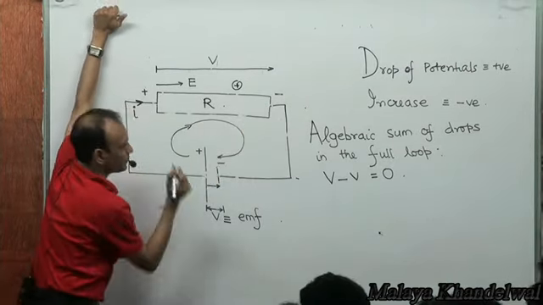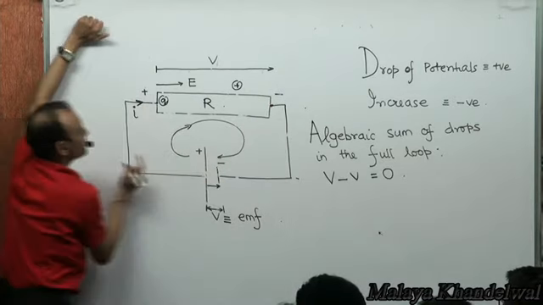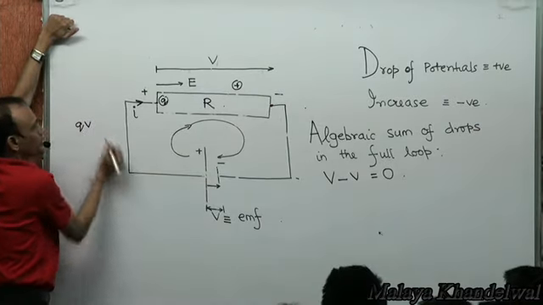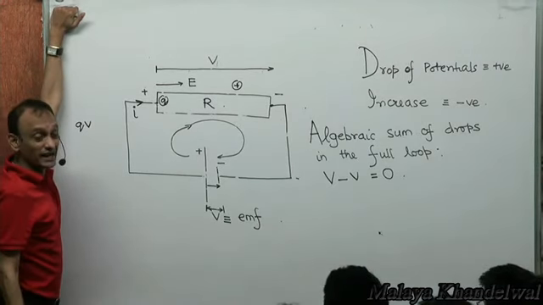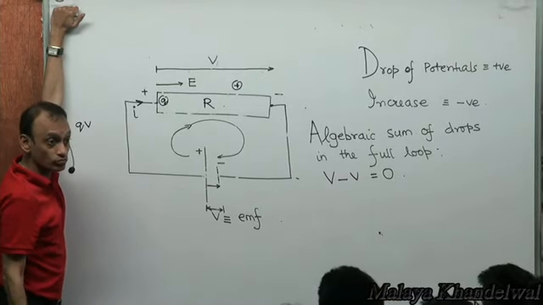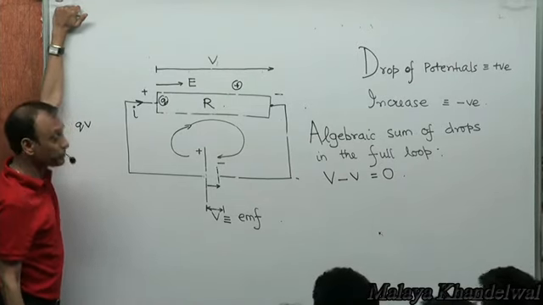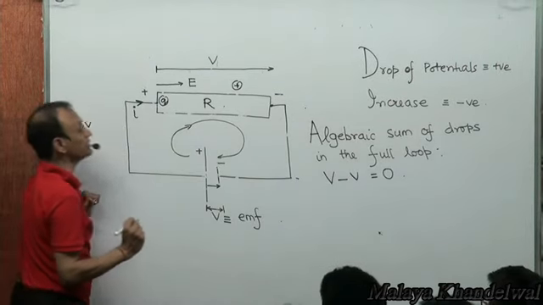Let's say there is a positive charge Q which comes from this point to this point. What is the work done by the forces of the field? Q into V. That's the work done by the electric field. Yes or no? Isn't it? Q into V, positive work done by the electric field here.